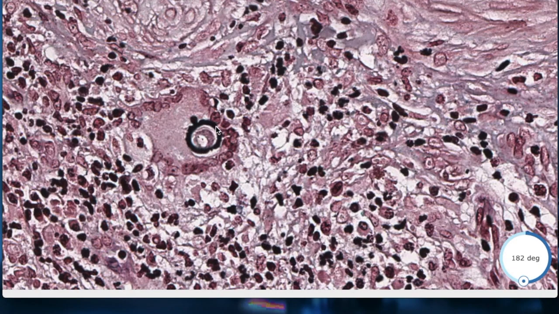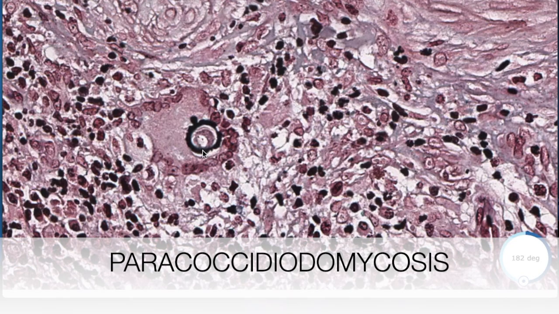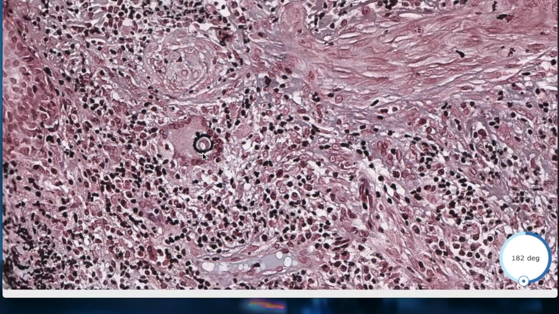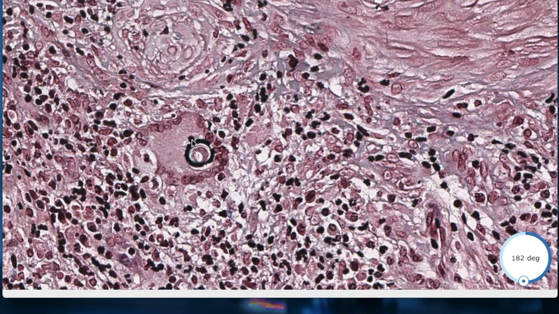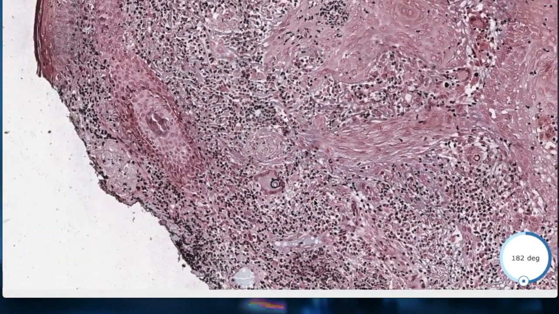So this is paracoccidioidomycosis. This is a special type of fungal infection. Very beautiful example on this lesion where the organism is clear, with this black discoloration inside the macrophages in suppurative type of granulomas.